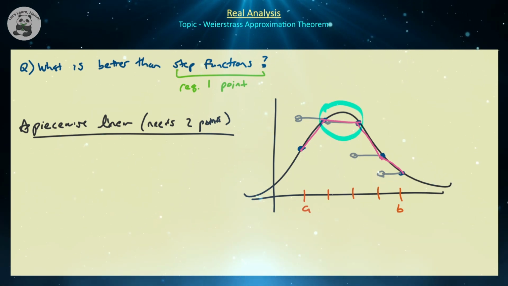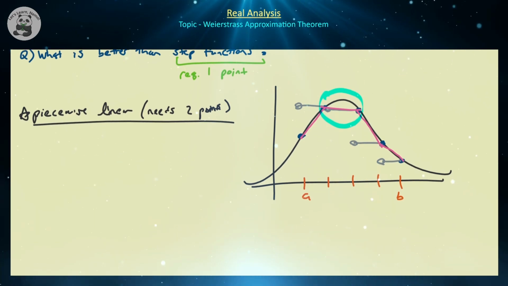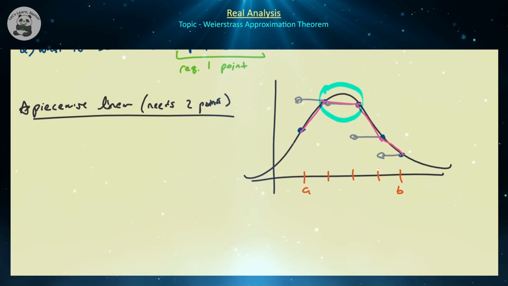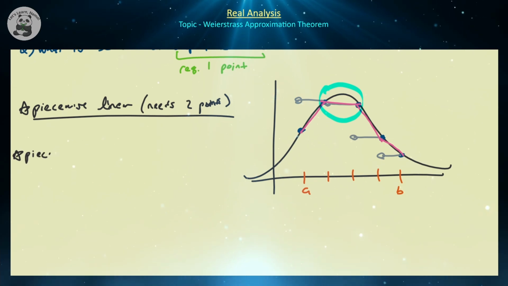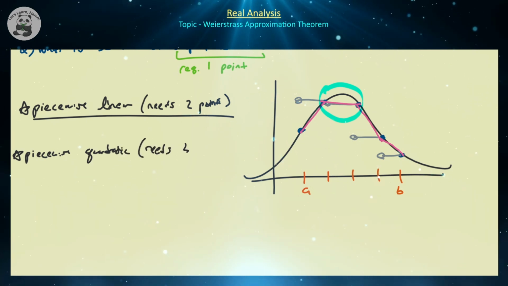But practically everywhere else it appears to be pretty decent, at least with respect to my horrible drawing skills. And how would you go a degree up? What would be higher than a line? Well, that would be a piecewise quadratic approximation, and that is going to need 3 points. So how would you do 3 points?